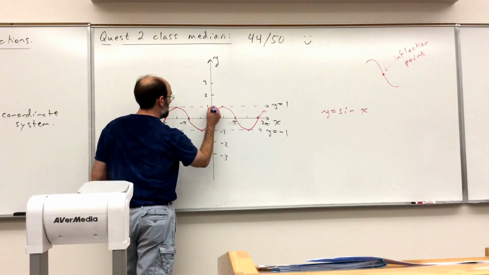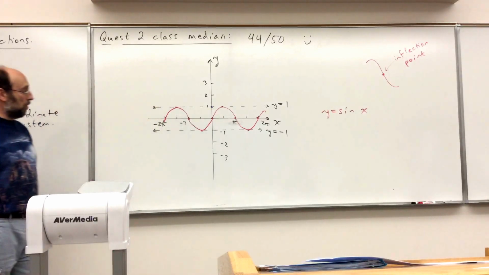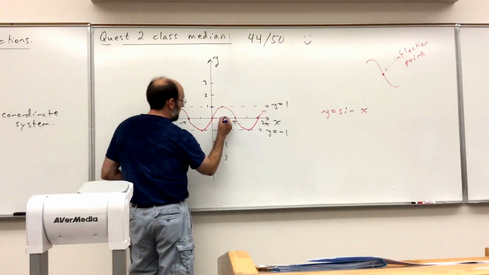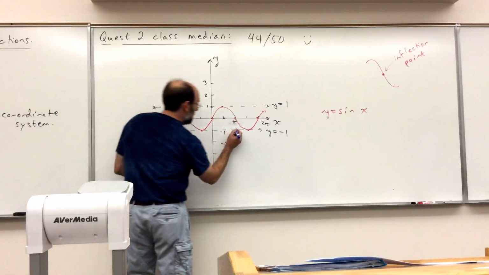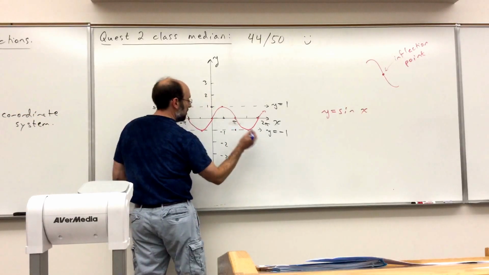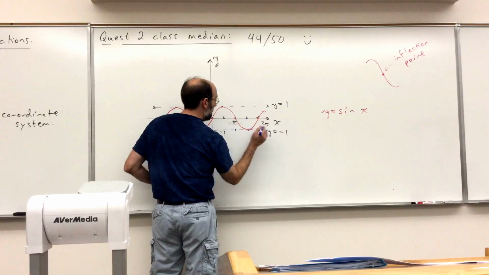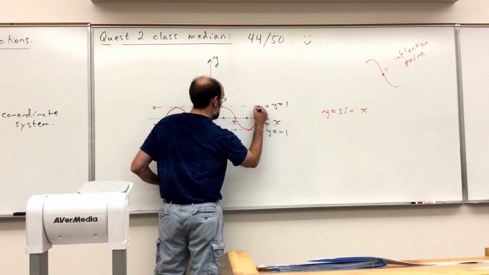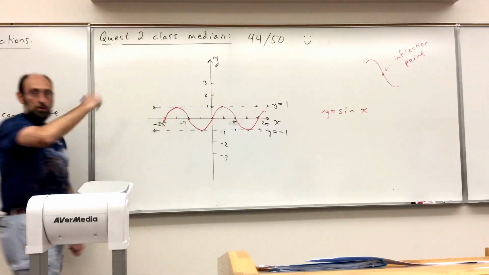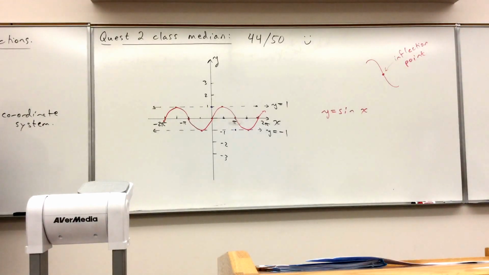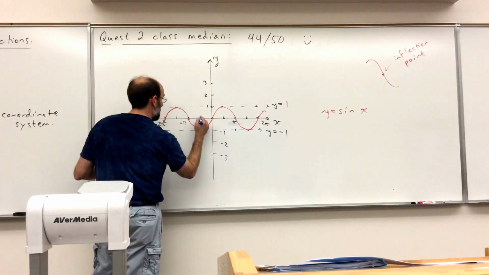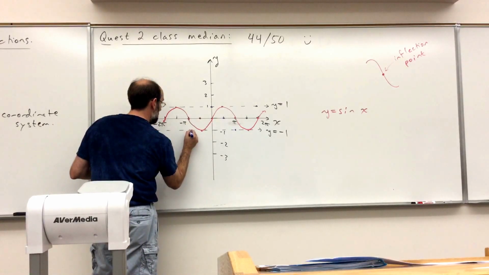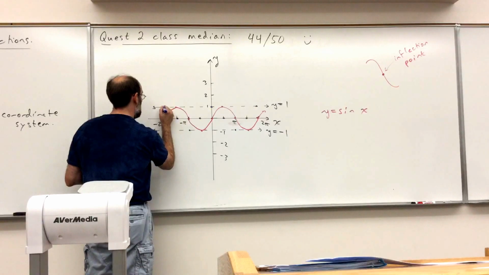So I'm going to have a maximum at 0, 1, then a midline at pi over 2, 0, then a minimum at x equals pi, then a midline at 3 pi over 2, a max at 2 pi. And the points are just going to alternate like that. Max, midline, min, midline, max, midline, min, etc.